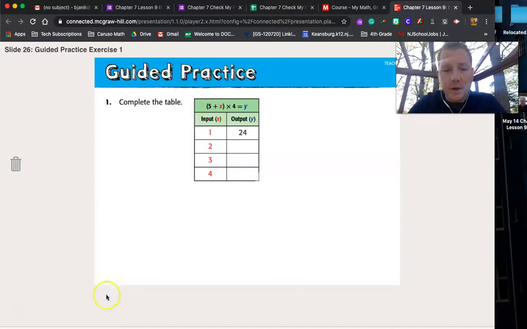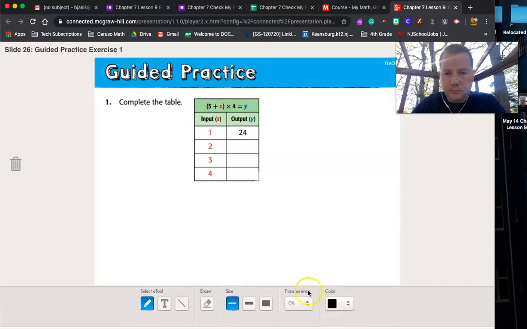So the first one right here, let me get my writing tool. Let's go green. All right. So this is telling us the equation is 5 plus x, which is our input, times 4 equals y. So we're going to put this 2 from our x column into the equation.